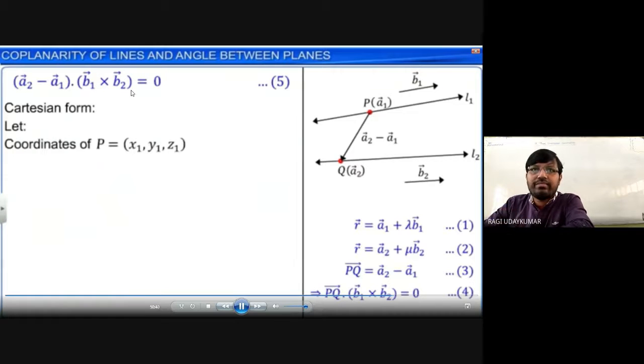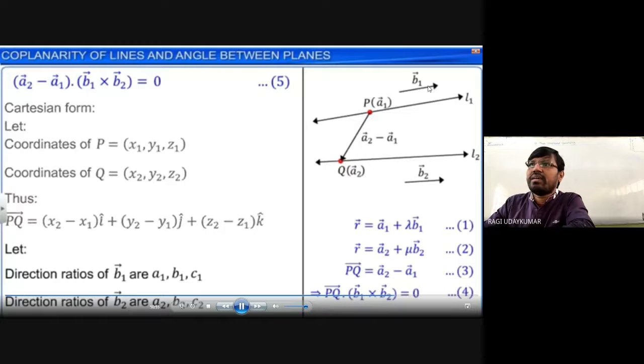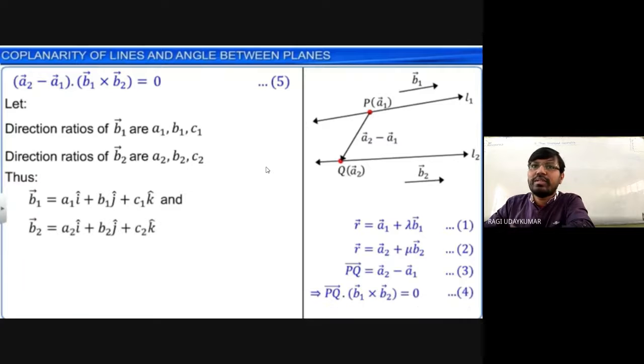इसी को Cartesian form में express करना है तो the coordinates of the points P and Q are x1, y1, z1 and x2, y2, z2. So PQ will be x2 minus x1 i, y2 minus y1 j, z2 minus z1 k, and the direction ratios of B1 are a1, b1, c1 and of B2 are a2, b2, c2. So we take the determinant. Cross product means obviously the determinant only will be taken into consideration.